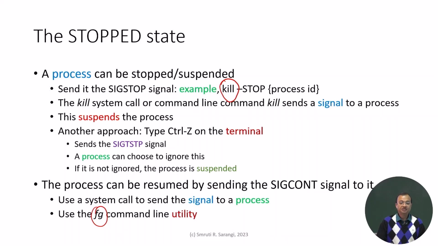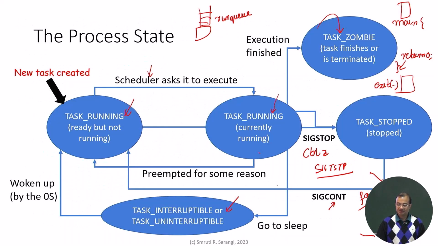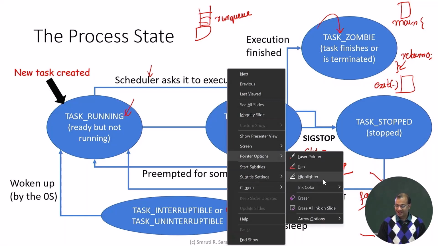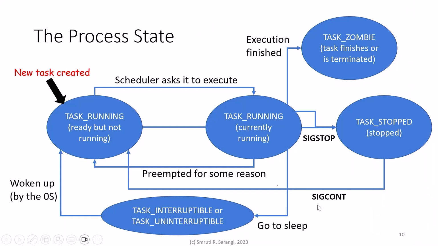Before we go into the kernel stack, let us look at this diagram. Let me clean it up. Cleaning it up is essential. If you look at the set of processes, now these states should be more familiar to us. We should see the running state, the zombie state, the stopped state, and the interruptible and uninterruptible states.